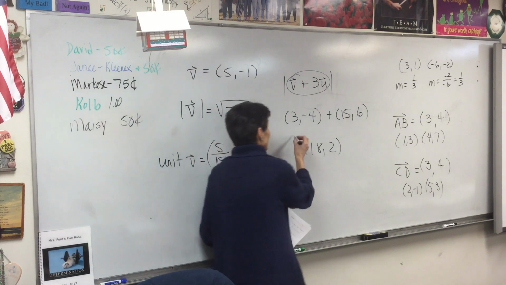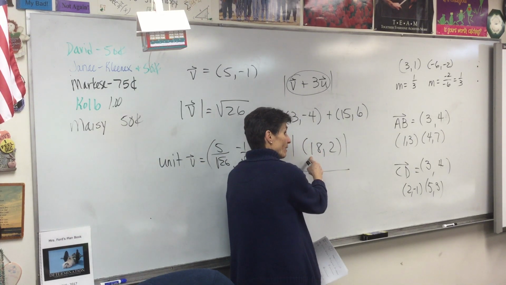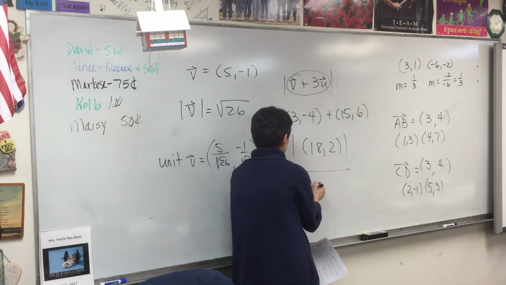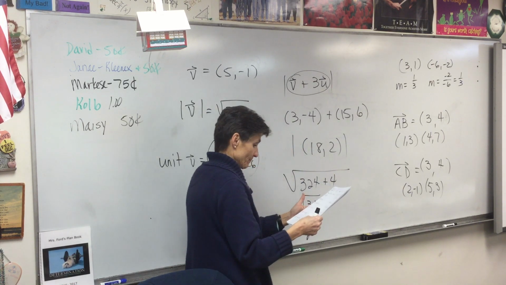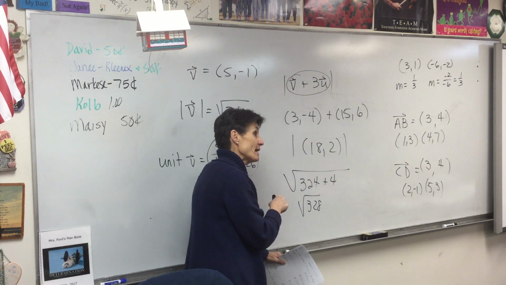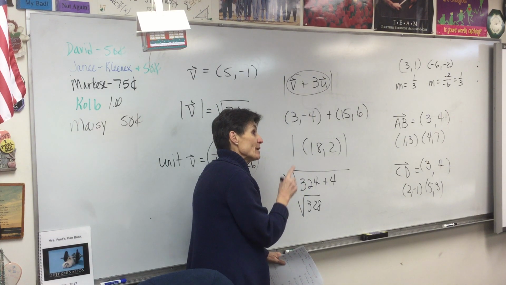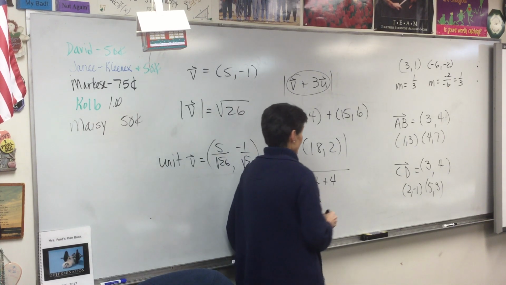Now we're going to find the magnitude of that. To find the magnitude, we square 18, I think it's 324, and we square 2. I need somebody to double check that for me. Is that right, 324? Okay, so then we've got 328. That is the answer, but we need to break it down if we can.